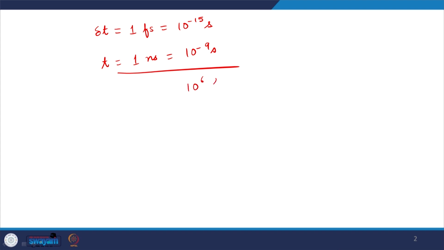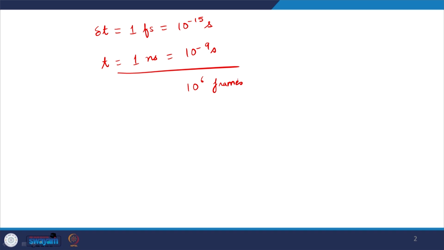we are working with delta t of 1 femtosecond, that is 10 to the power minus 15 second, and let us say I want to simulate for time equal to 1 nanosecond, that is 10 to the power minus 9 second. This would mean if I collect my coordinates and momenta in every time step, I will have 10 to the power 6 frames.